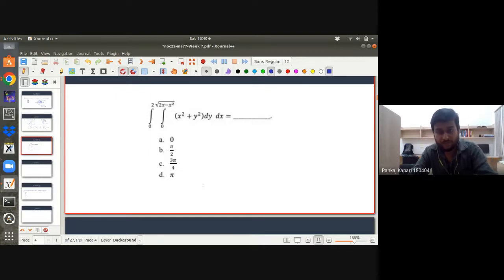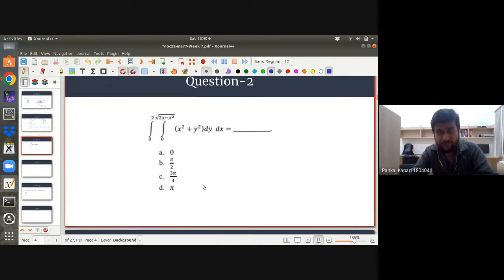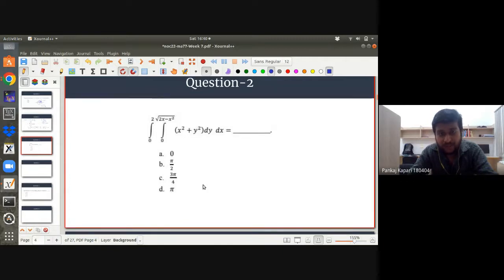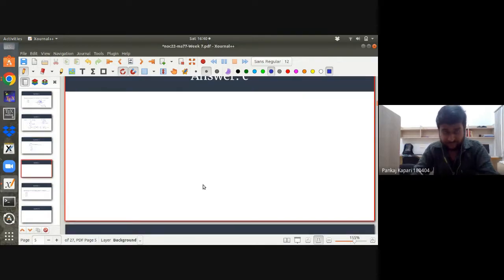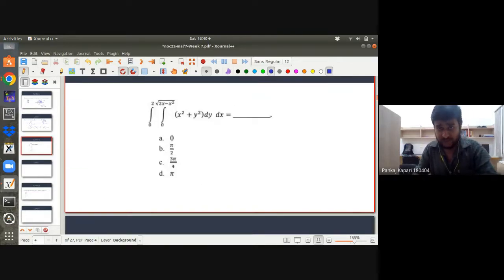Okay, so now we are doing the second problem. We have to find this integral. Again, we will change this integral into polar form. First, always find the region of integral.